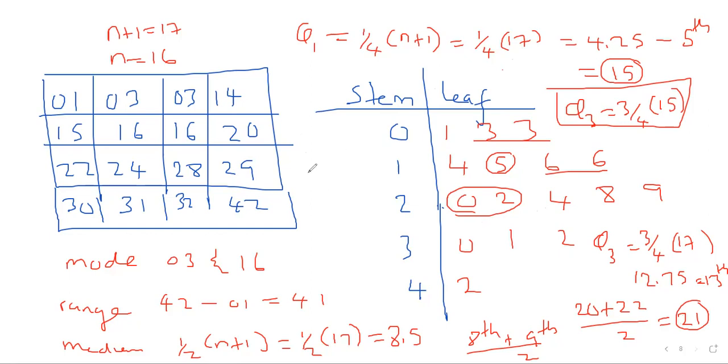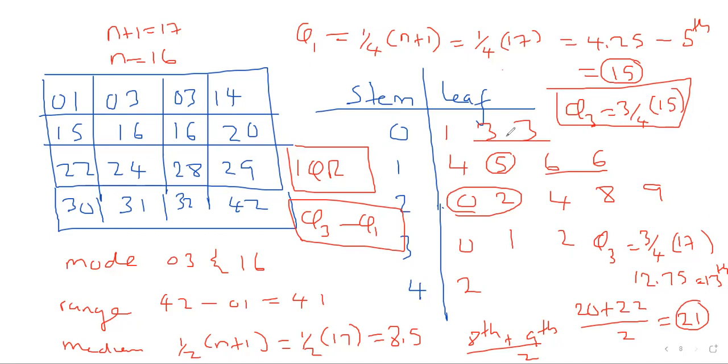So meaning the interquartile range will be the difference between the upper quartile minus the lower quartile. All right. Then 30 minus what? 15?